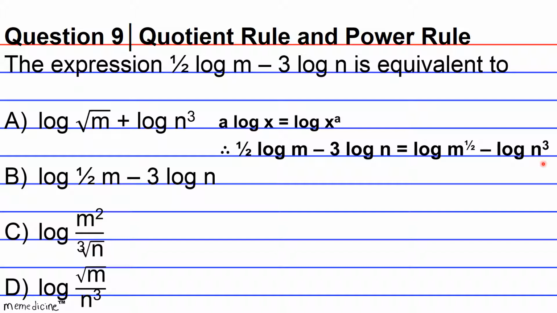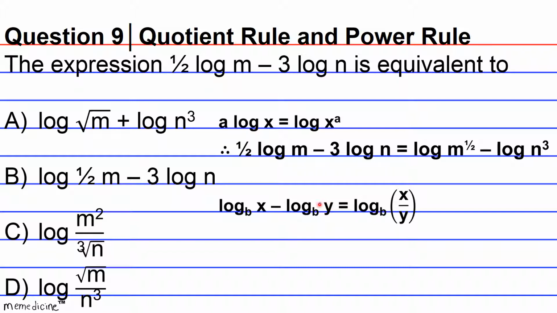Now, also according to the quotient rule of logarithms, the log base b of x minus the log base b of y is equivalent to the log base b of x divided by y. Well, there's no base written here, so we know that we're dealing with the common logarithm of base 10, but we do have a difference, and we know that the difference is equivalent to the logarithm of the quotient of the first power divided by the second power, or result.